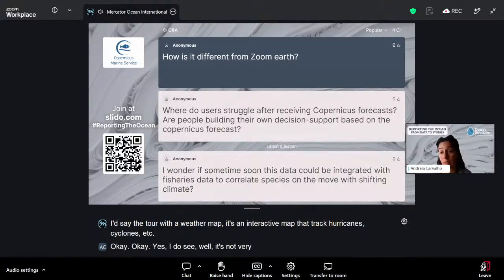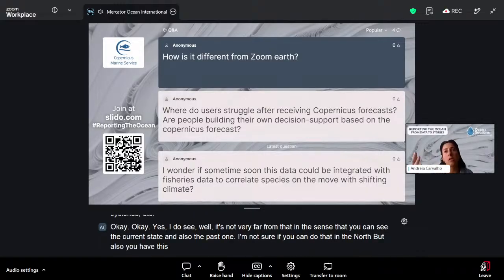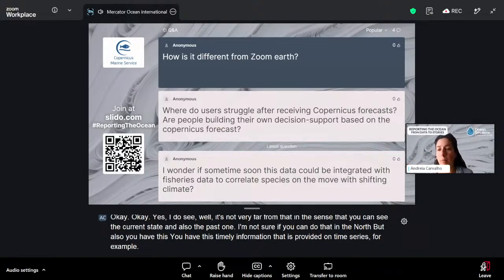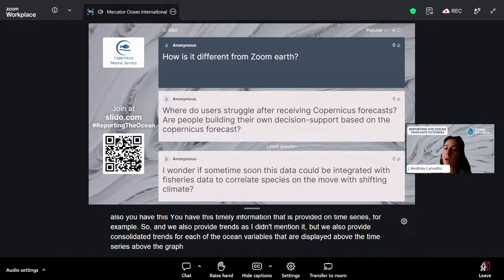Well, it's not very far from that, in the sense that you can see the current state, and also the past one. I'm not sure if you can do that in Zoom Earth. But you also have this timely information provided in the time series, for example. We also provide consolidated trends for each of the ocean variables, displayed above the graph.